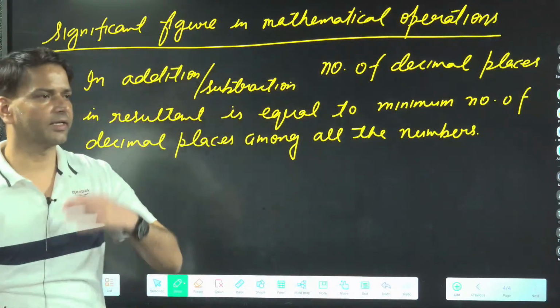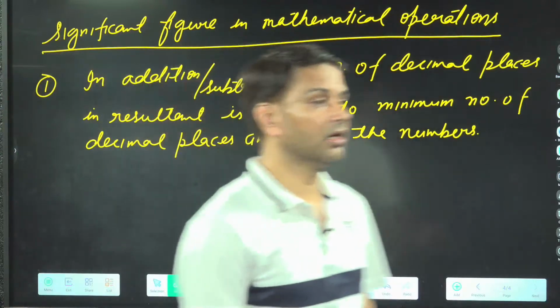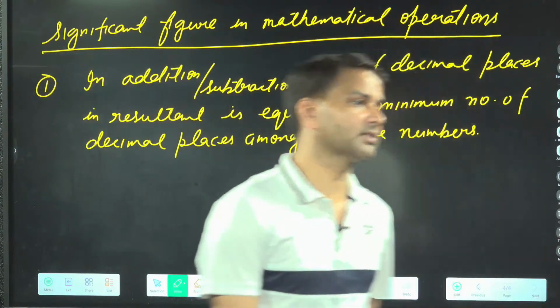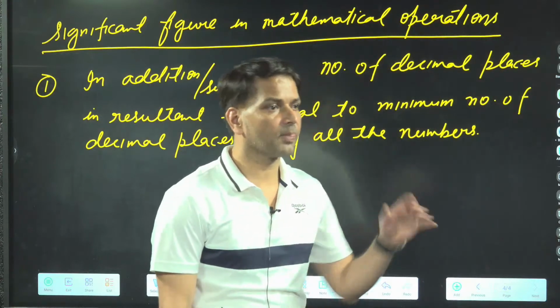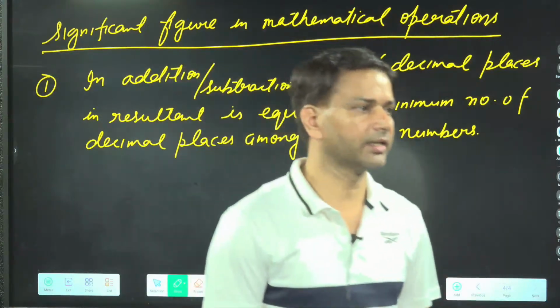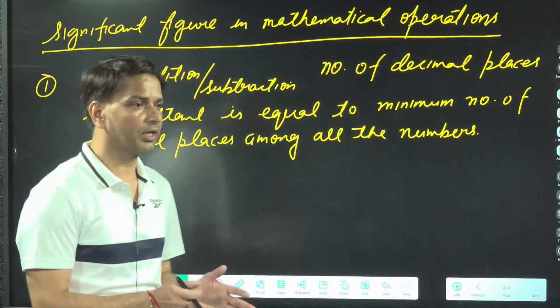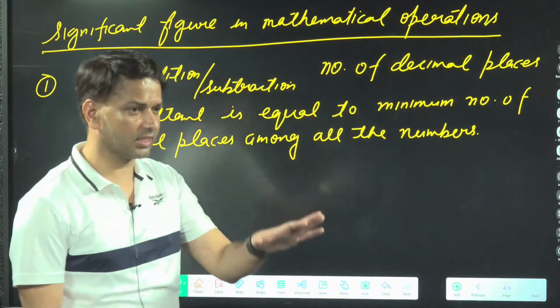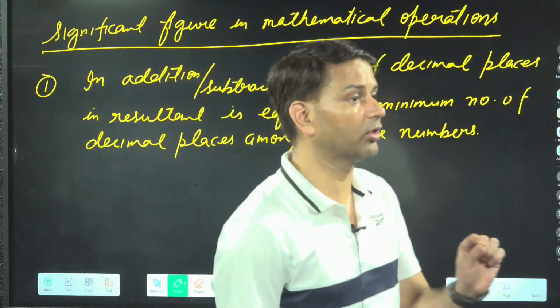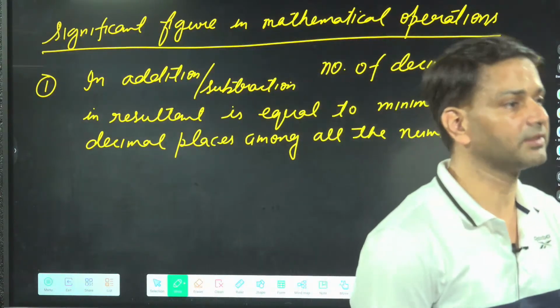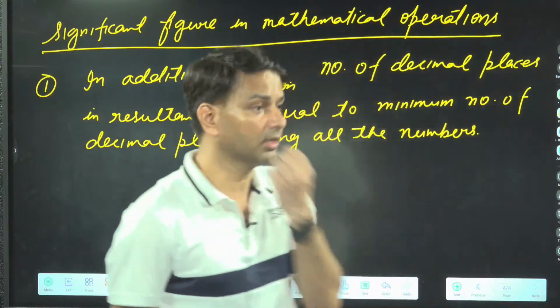Okay, so suppose you are adding 2-3 numbers. What I said: if the numbers do not contain decimals, there are no rules. But if the numbers contain decimals, then in addition or subtraction, the number of decimal places in the result is equal to the minimum number of decimal places among all the numbers added or subtracted.